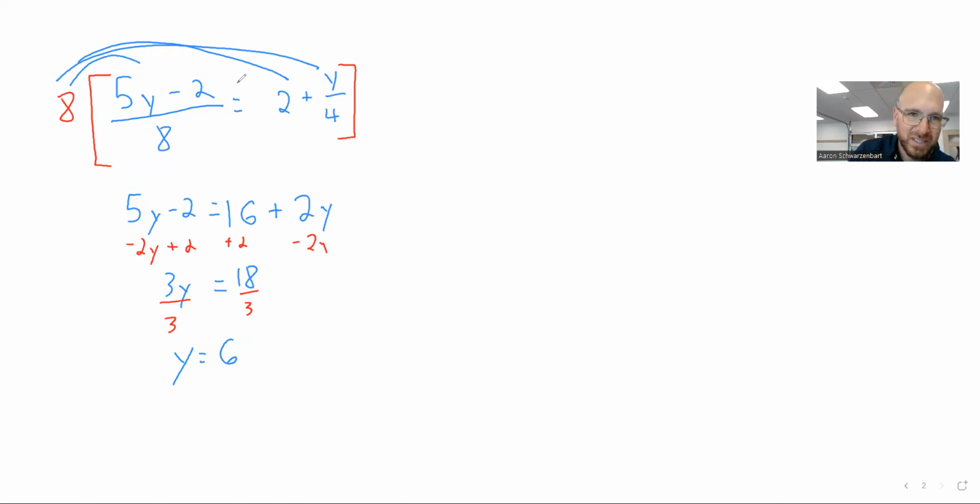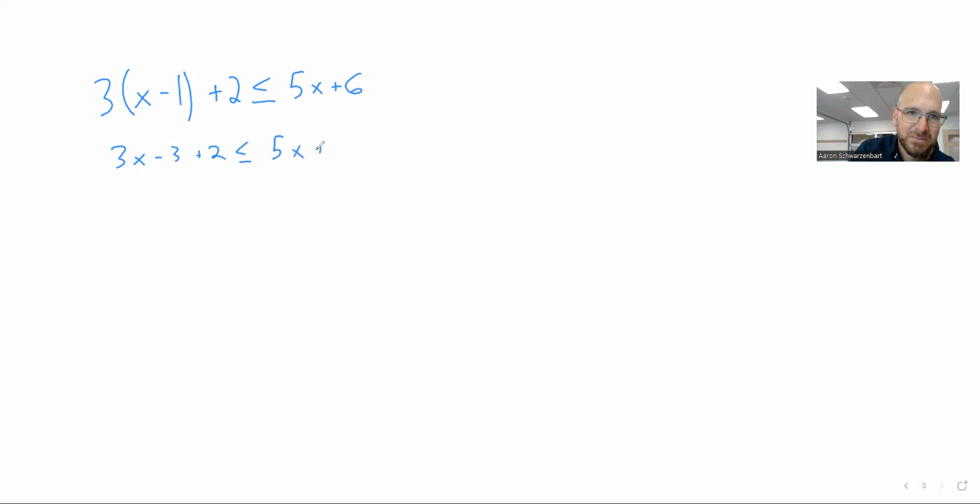Because I had a variable in the denominator, I probably technically should check. 5 times 6 is 30, minus 2 is 28 over 8 equals 2 plus 6 over 4. 6 over 4 in eighths is going to be 12 over 8. And 16, that is 28 over 8. That's correct.